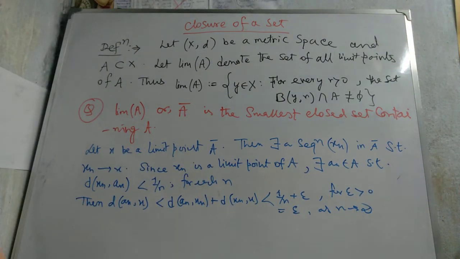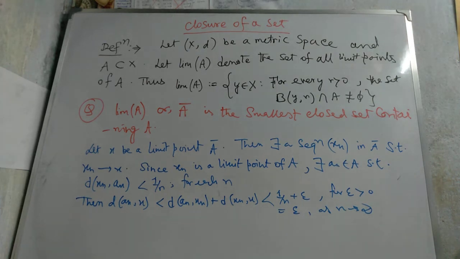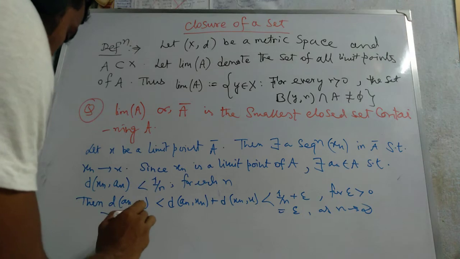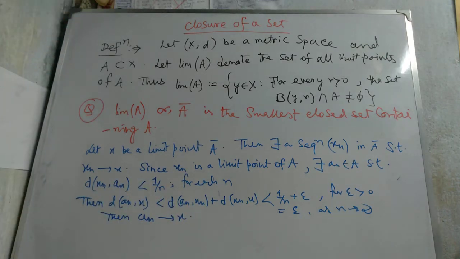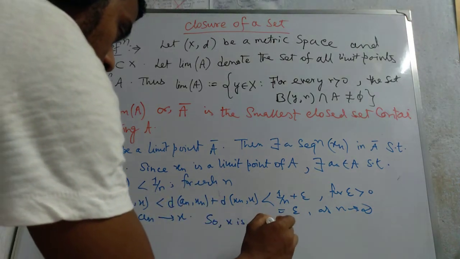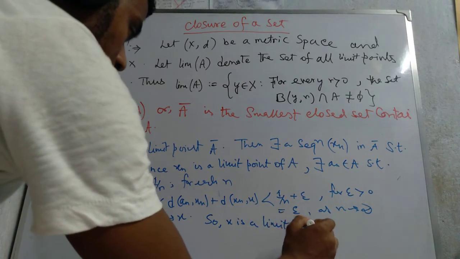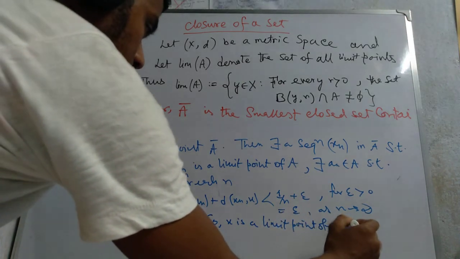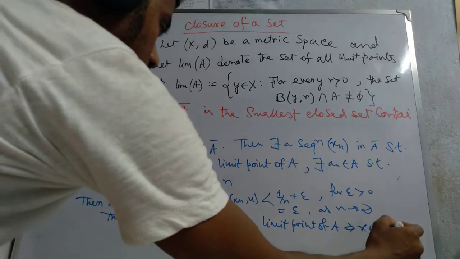Now we show that an tends to x. So x is a limit point of A. This implies x belongs to A bar.